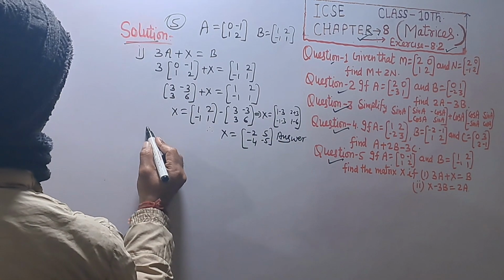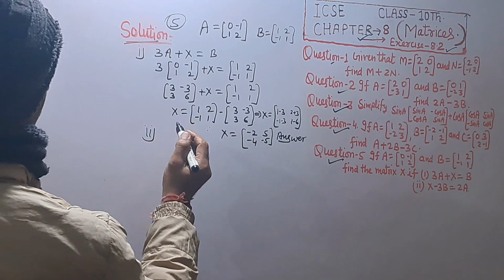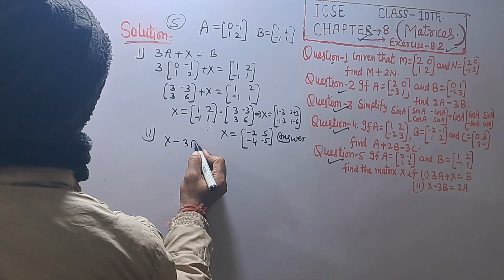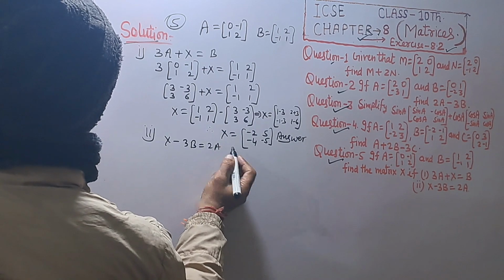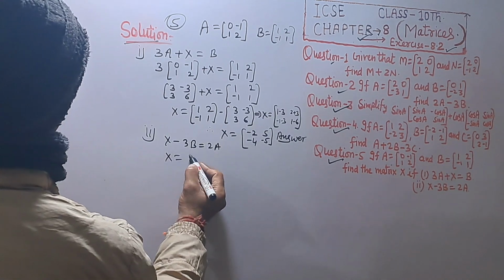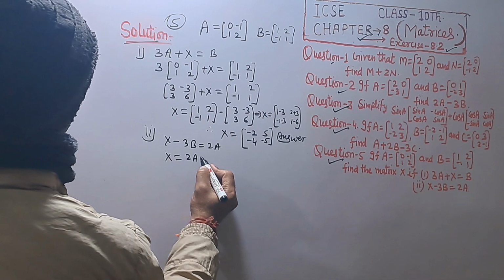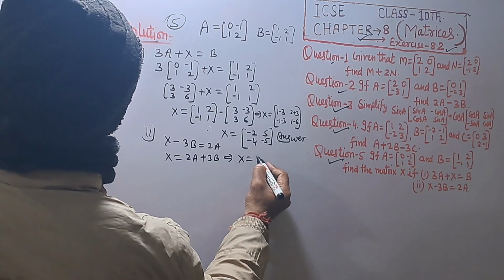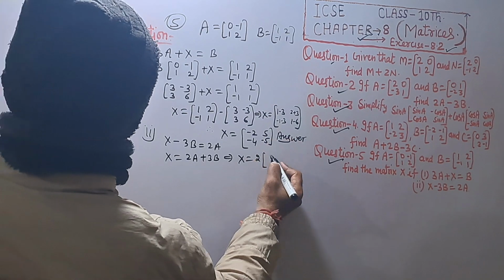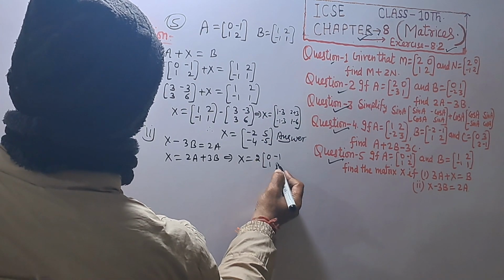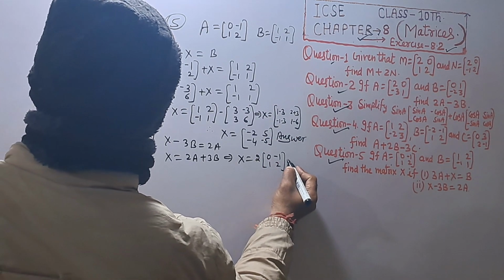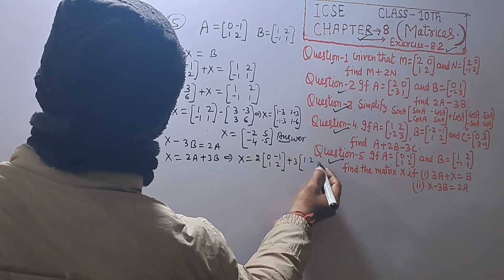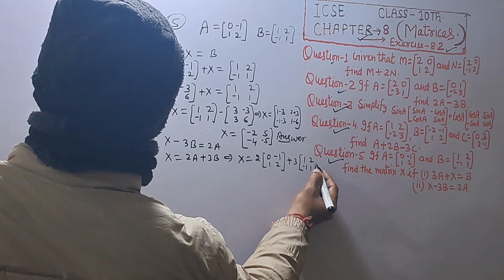Answer. And second part is X - 3B = 2A. X is equal to 2A + 3B, which implies X equal to 2 into A, which is [0, -1; 1, 2], plus 3 times B, which is [1, 2; -1, 1].